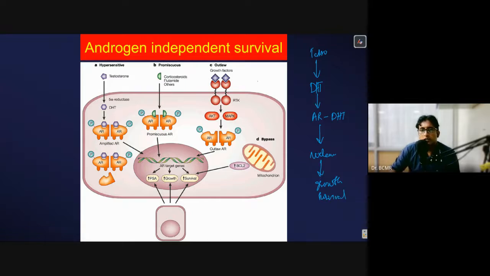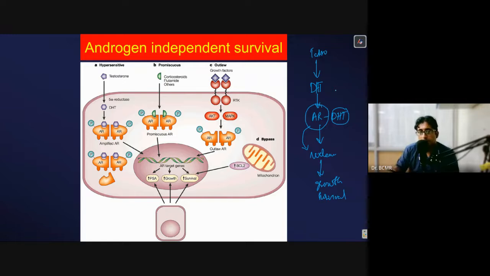Right? So a mutation can happen, mostly in the androgen receptor. What are we saying? The androgen receptor gets activated and moves into the nucleus only if it binds to dihydrotestosterone normally.